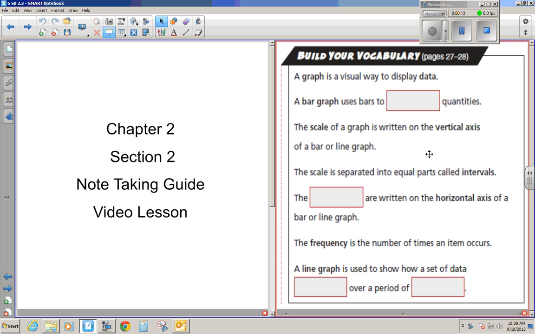Let's start with vocabulary. A graph is a visual way to display data. A bar graph is used to compare quantities.